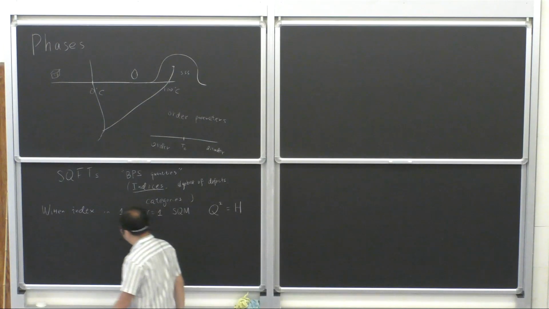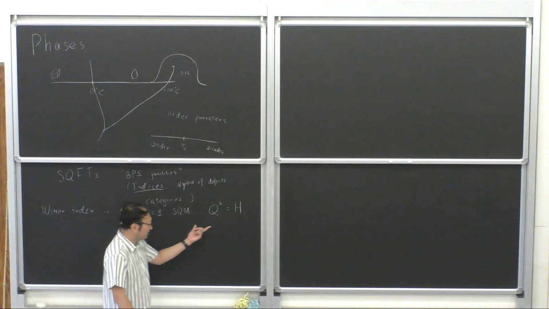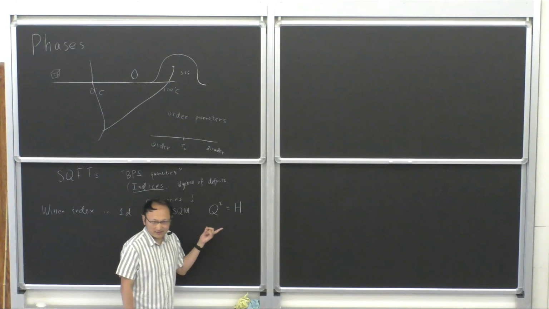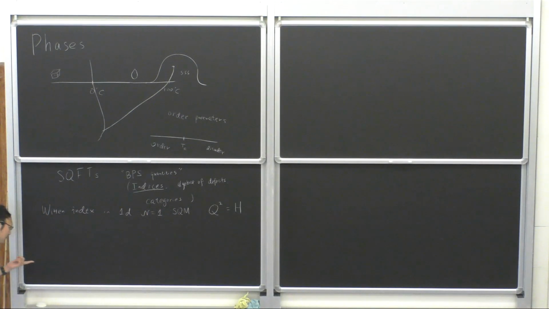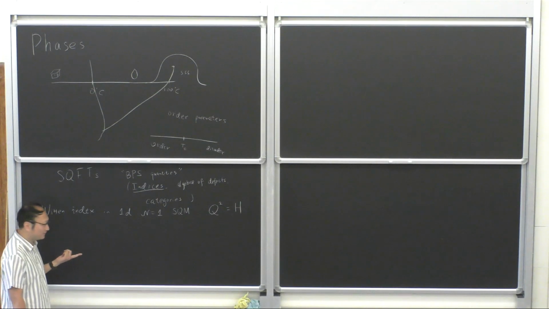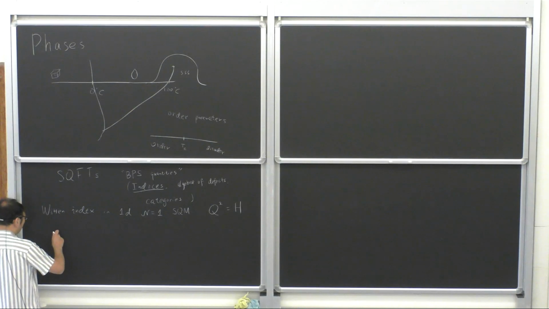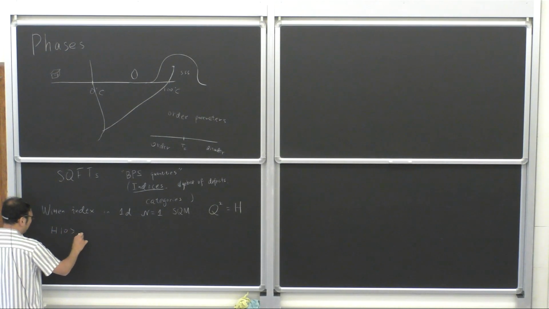And then, if you look at the representation theory of this algebra, you already get something interesting. There are two types of representations. One type of representation has the eigenvalue of H being positive.